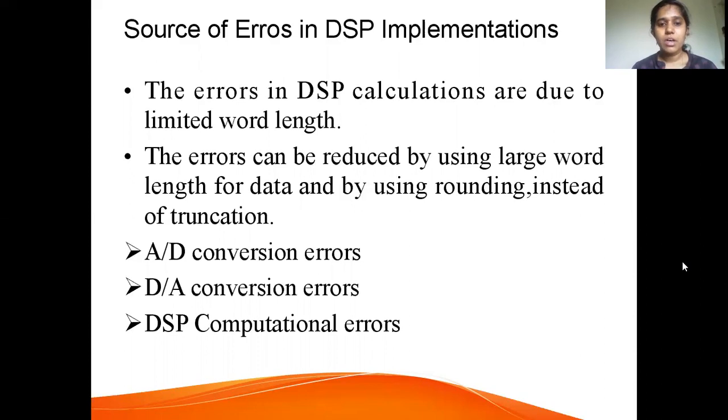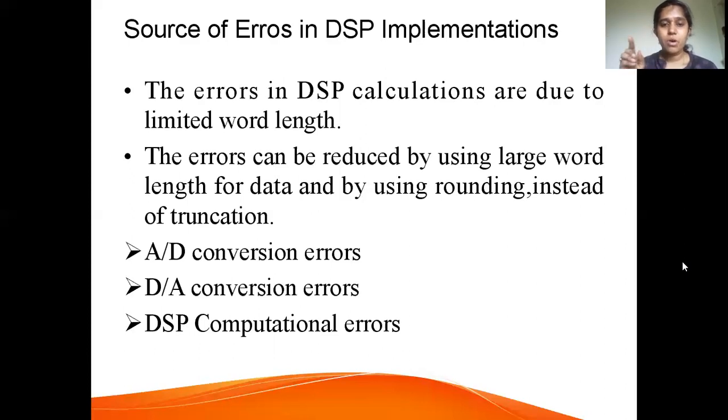Generally, you will observe quantization error in the A to D conversion, because whenever you sample the original analog signal and convert it to a digital signal, we need to round the sample value off to a standard fixed number. The difference between the original value and that fixed number, which we are rounding off or truncating to, gives you the quantization error.